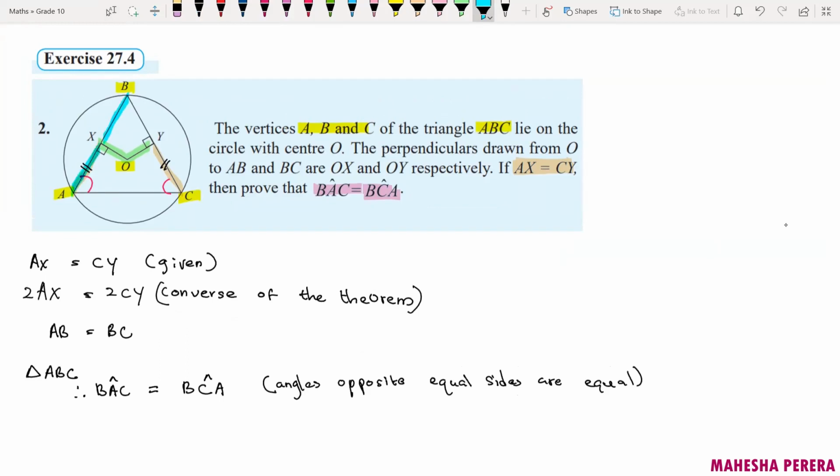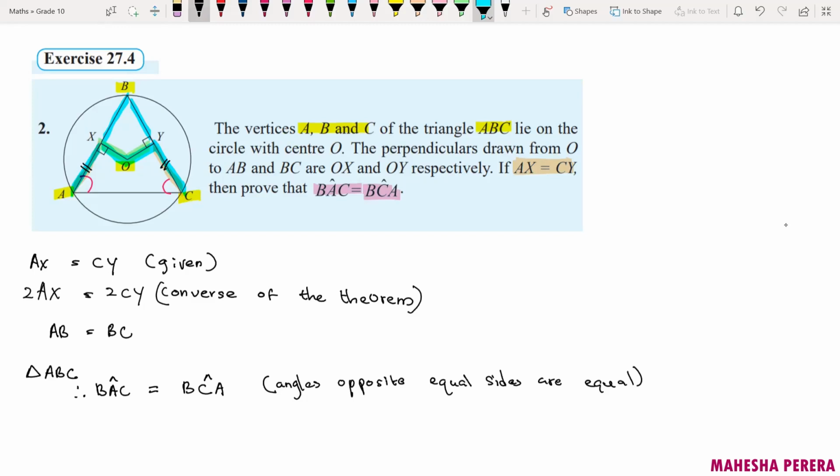According to our converse theorem, we know that this length should be equal to this length. Why? Because of this OX perpendicular, this AB chord is bisected. So similarly, this length should be equal to this length, because this OY perpendicular bisects the BC chord.